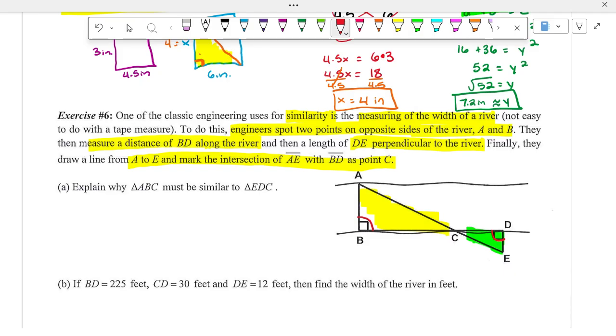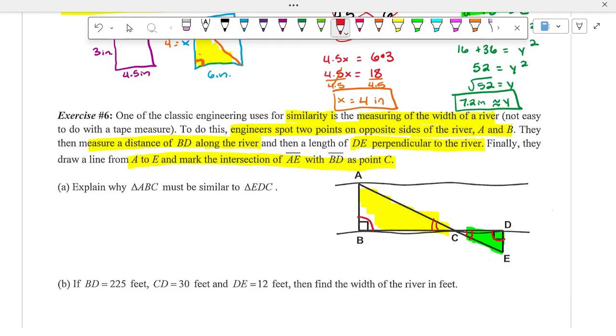Those aren't angles, those are sides. Remember, angles we say with 3 letters where the vertex is in the center. Good. So angles CB and ECD are also congruent. Why? What are those angles? What's that called?